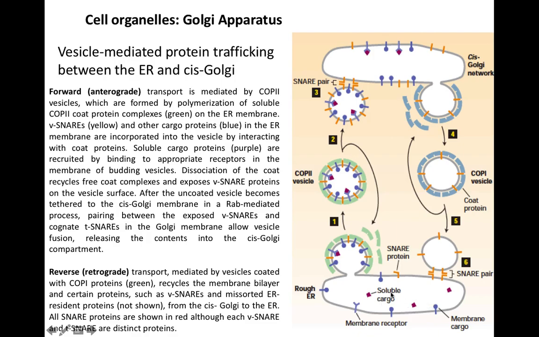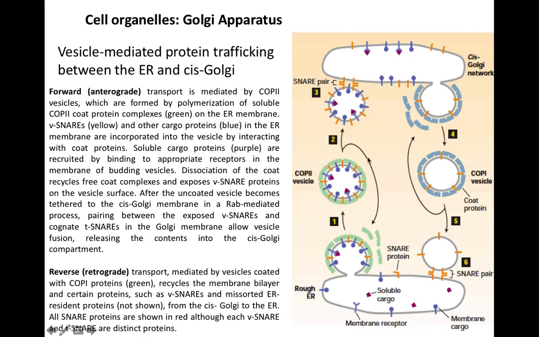What is important to remember is that in anterograde or forward movement of the vesicles from the ER towards the Golgi apparatus, these vesicles are coated with COP2 proteins, while on their way back towards the ER, they're coated with COP1 proteins. And SNARE proteins are of two types: V-SNAREs, which are present on the vesicles, and T-SNAREs, which are present on the target membrane.